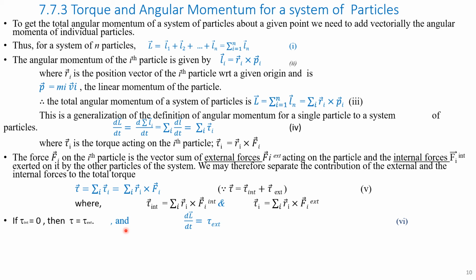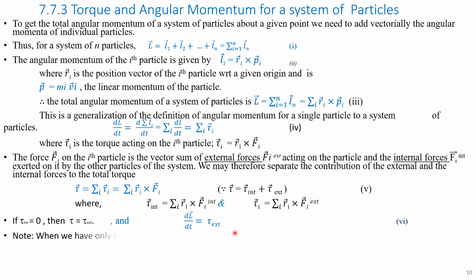Now let us consider the case where tau internal is equal to 0. Then tau will be due only to external forces. Therefore, tau will be equal to tau external, and dL by dt, that is, the differential of angular momentum, will be equal to tau external.